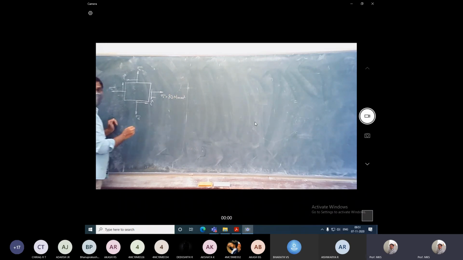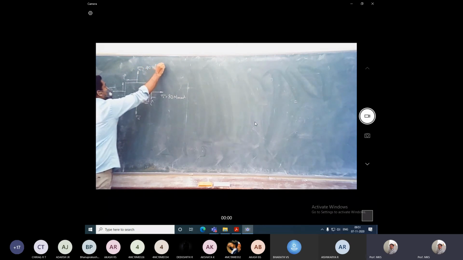This is given in the problem, right? Next, the minor stress is also tensile, so it is taken in the outward direction. The minor stress, sigma 2, is 40 Newton per mm square.